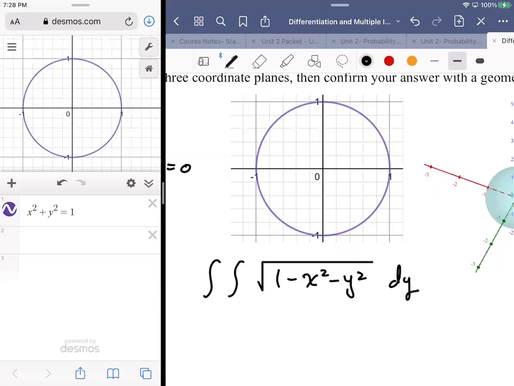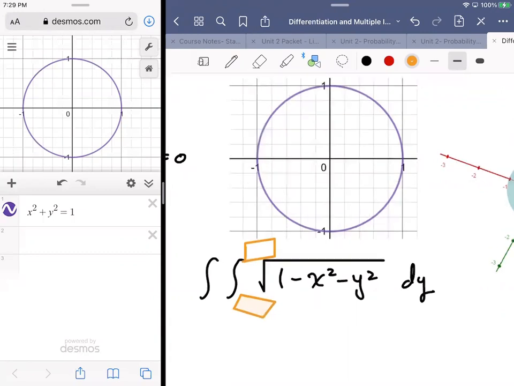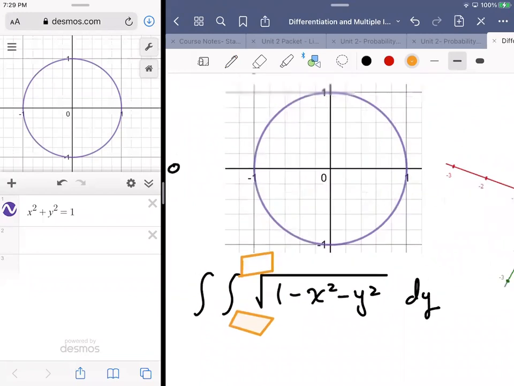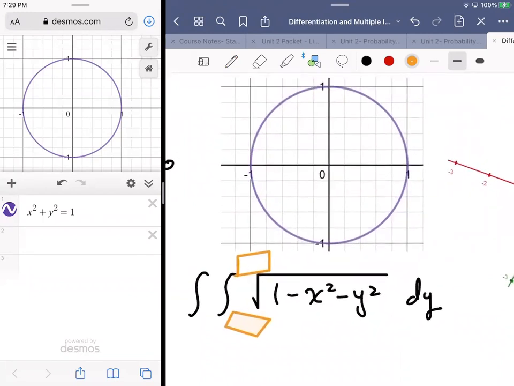Which means that these bounds have to be in the form of y equals, because that's where my change is. So it's a question of y equals what to y equals what. Well, let me just diagram it out.